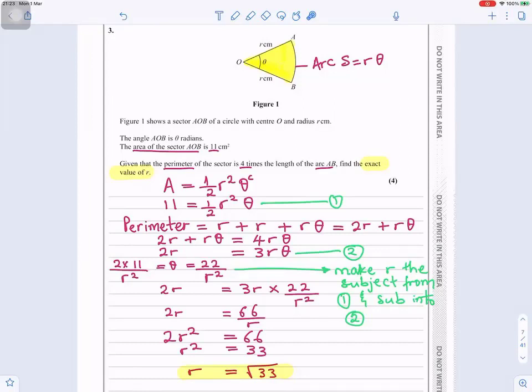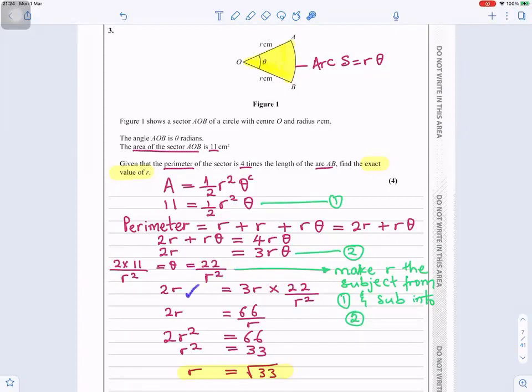So theta is 22 over r squared. From this equation 1, take the 2 there. 2 times 11 is 22. Divided by r squared, it gives you theta. So we make theta the subject from equation 1 and sub it into 2. So we know theta is 22 over r squared. We put that into equation 2.